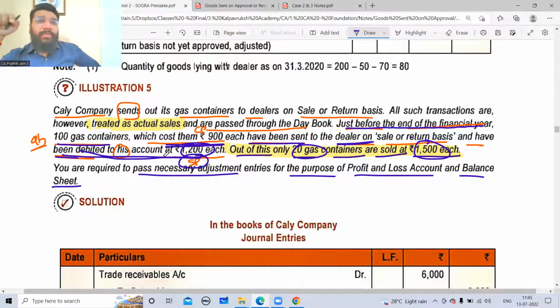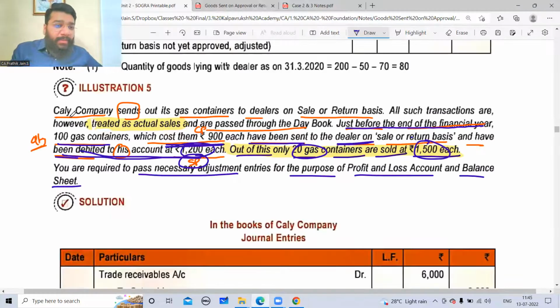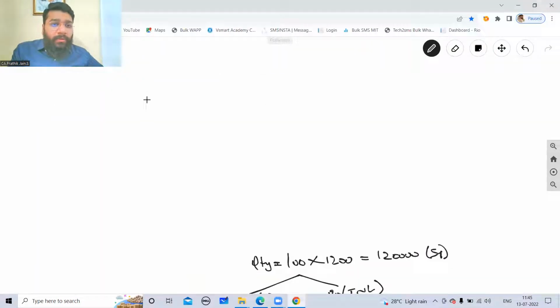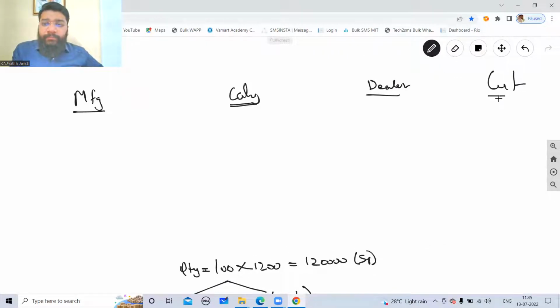When you read this question this way, it seems like that only, but that is not the reality. Siddhi said, let's suppose this is Cali company, the manufacturer, and this is the dealer and customer.